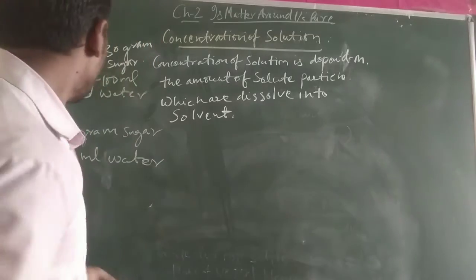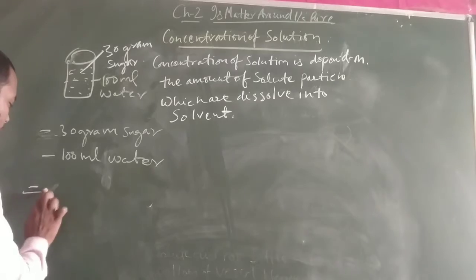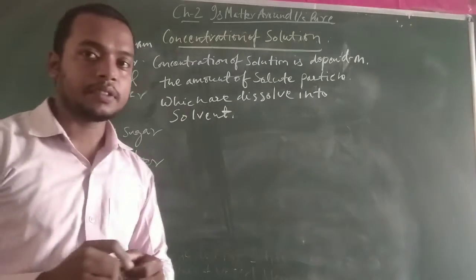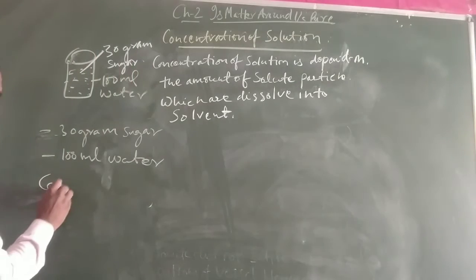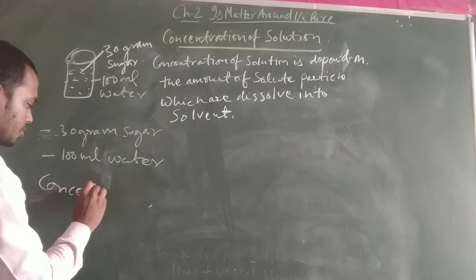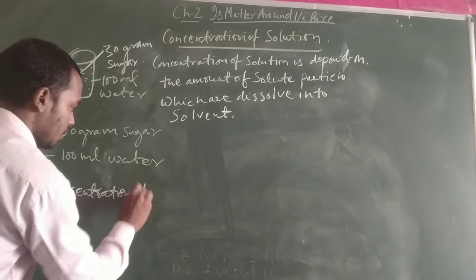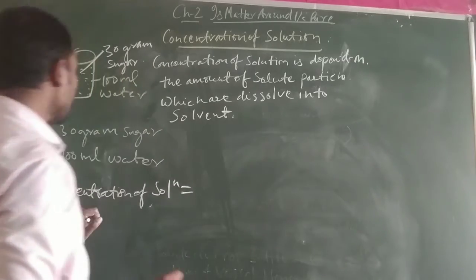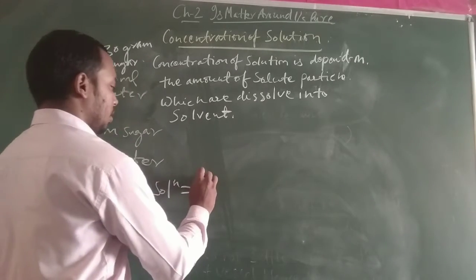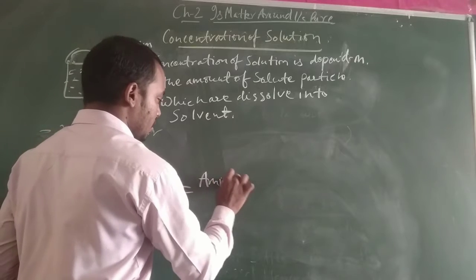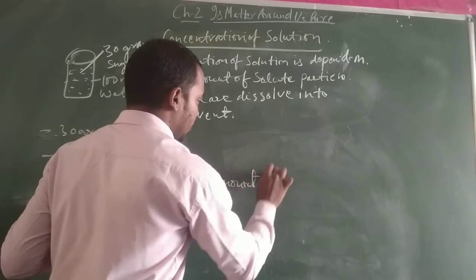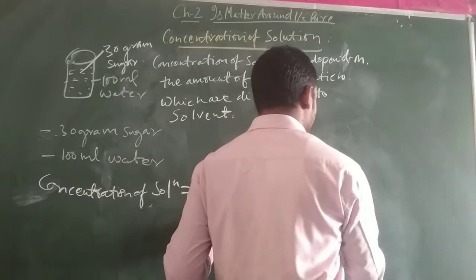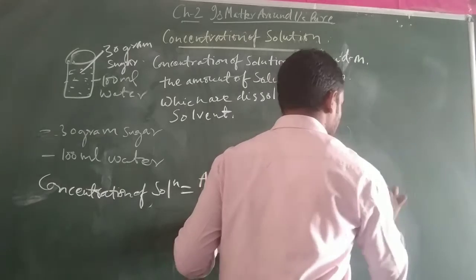So I ask you, what is the concentration of the solution in a simple way? Concentration of solution is equal to the amount of solute plus the amount of solvent.